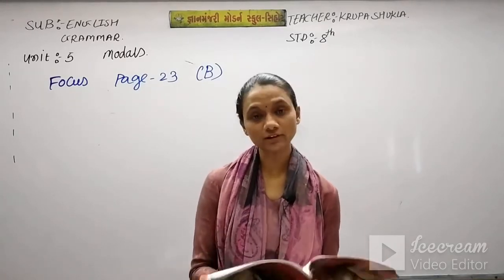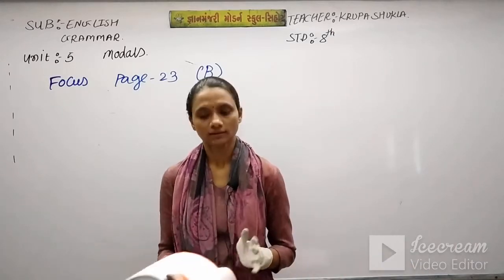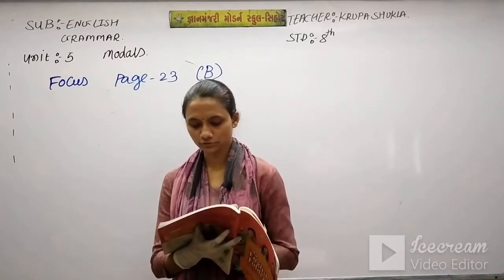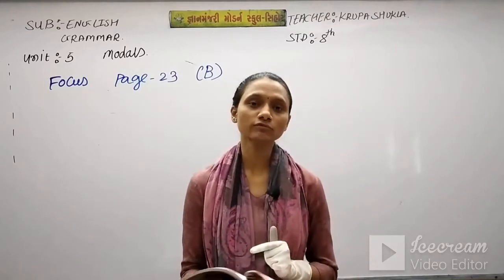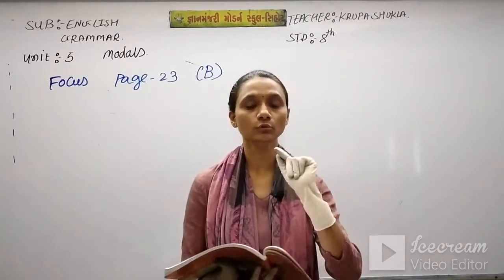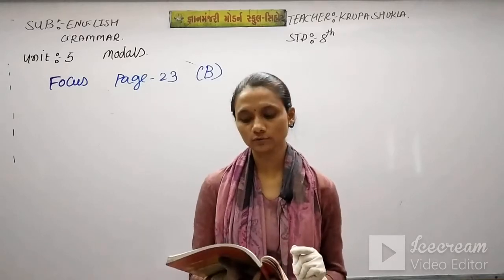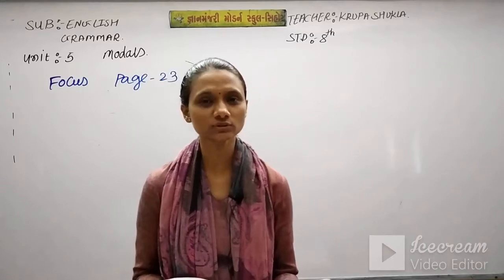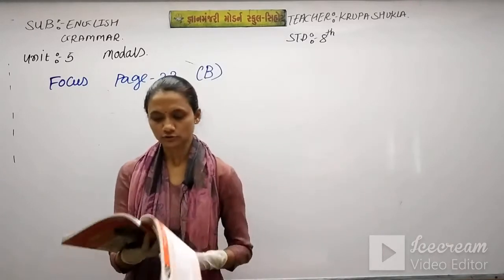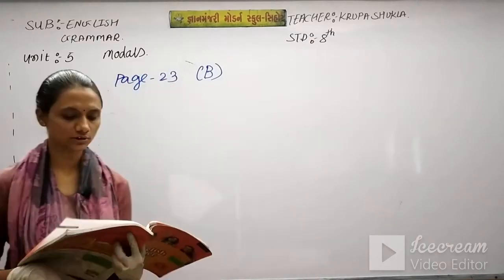Now before that, what to do, student? Here we have to use could have, should have, couldn't have, shouldn't have. So first of all, we have to know the use of could have, should have, shouldn't have, couldn't have. So let me give you some glimpse of the use of these. So when to use could have, shouldn't have?